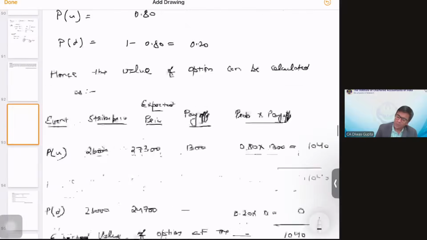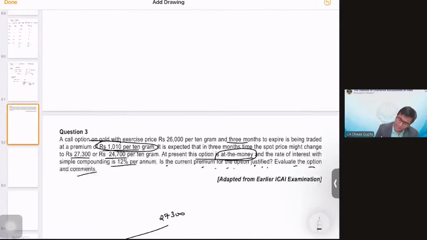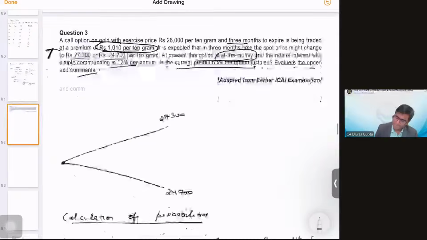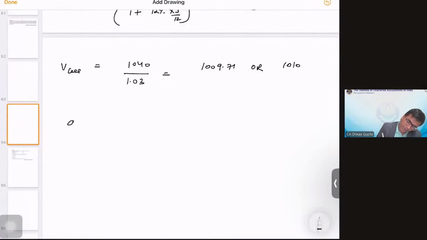Okay. Now, what was question asking us? That it is currently trading at a premium of 1010. So, is the current premium of the option justified? Tell me, students. Quoted premium 1010.